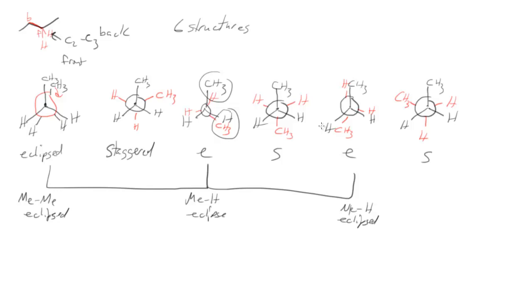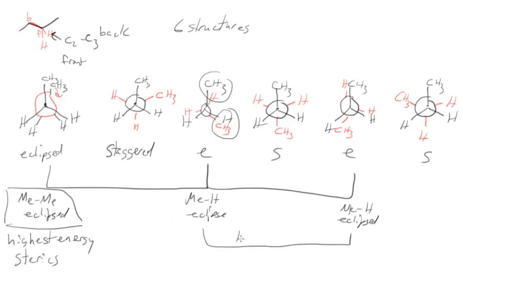The eclipsed ones, of course, are always higher energy. The staggered ones are always lower energy. So hopefully you guessed that the first one is going to be highest energy. It has the 2 largest groups eclipsed, so due to steric reasons, that's the highest energy. And then the next 2, these 2, are both high energy, and they're both equivalent, but they're not the highest.